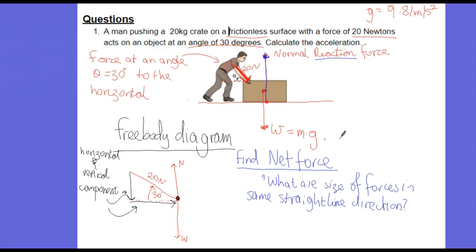Now, what do you think we would have to do to figure out the actual equivalent size of these component forces, to make them appropriate equivalent in size to the 20 newtons that's on an angle?